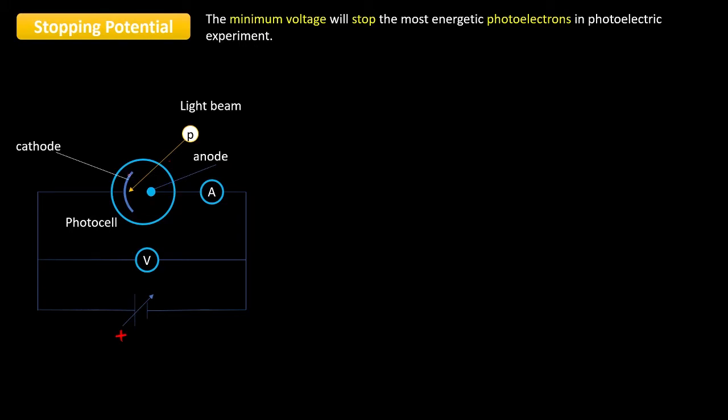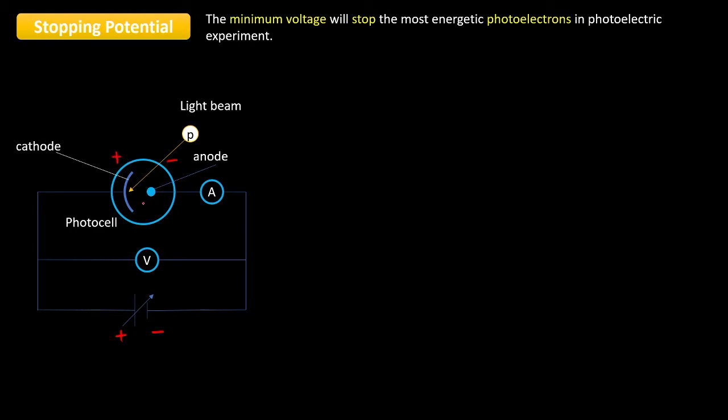The cathode is the part where the photoelectrons are emitted, so it's more positive compared to the anode. The anode of the photocell is connected to the negative terminal of the voltage supply, and we know that the anode is the part receiving the electrons, so here it is more negative.